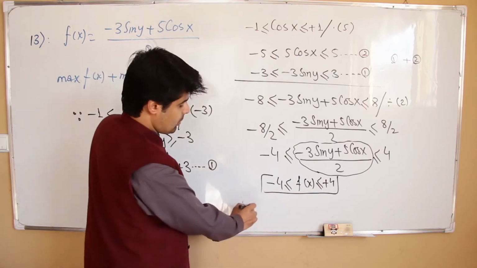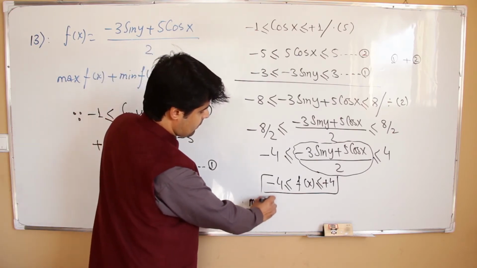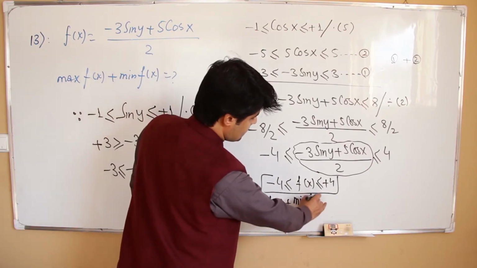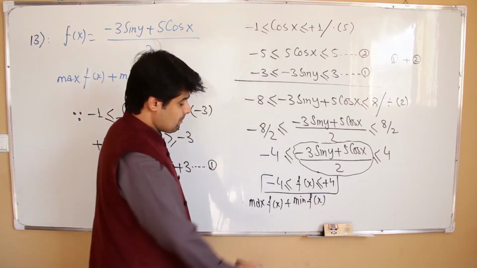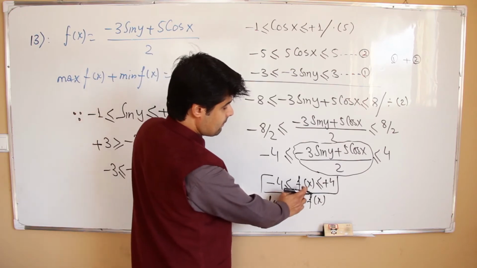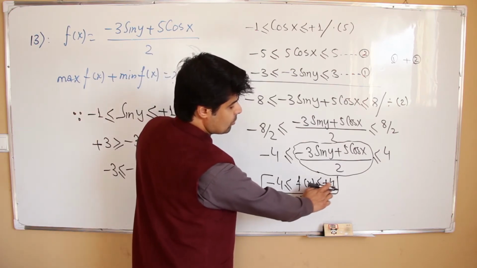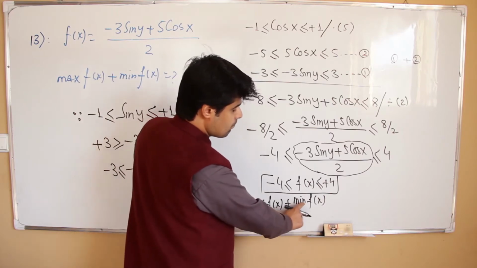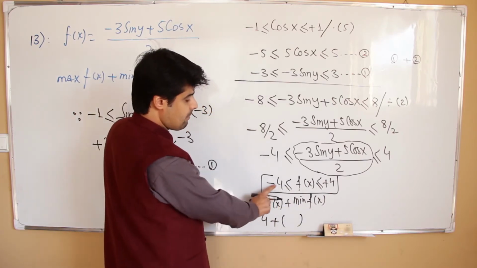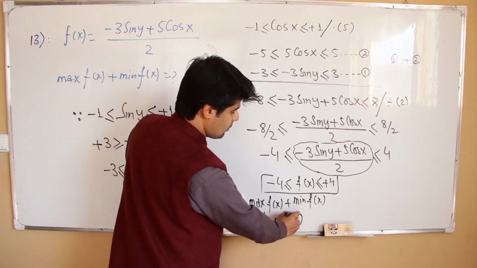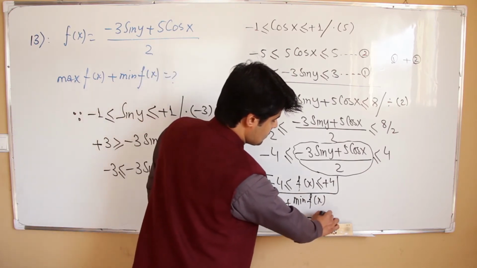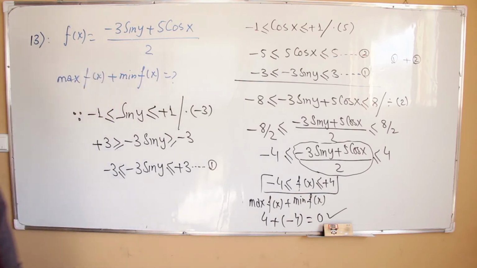Now the question is maximum f(x) plus minimum f(x). Maximum f(x) is 4, it includes 4. Plus minimum f(x), which is negative 4. 4 plus negative 4 is 0. It's our answer. Write it please.